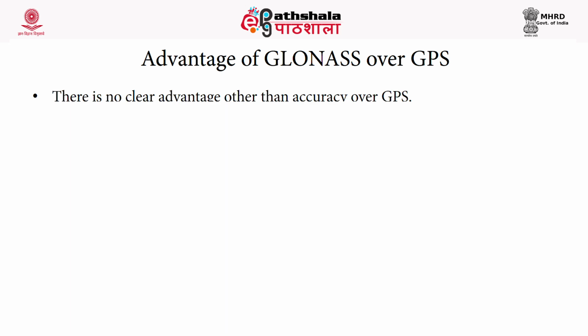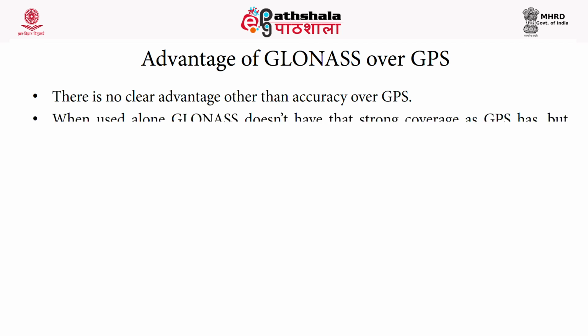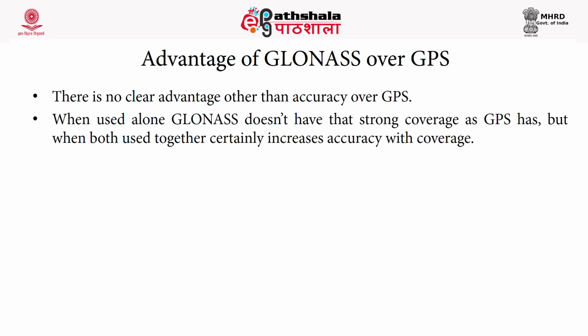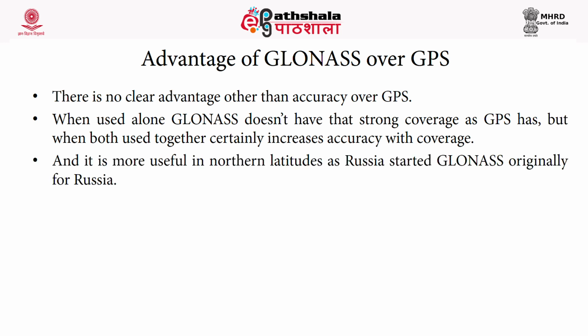Coming to the advantages of GLONASS over GPS, as such, there is no clear advantage of GLONASS over GPS other than accuracy. When used alone, it does not have as strong coverage as GPS has, but when both these systems are used together, they increase the accuracy along with the coverage. Also, it is very useful in northern latitudes, as Russia started GLONASS specifically for the Russian region.